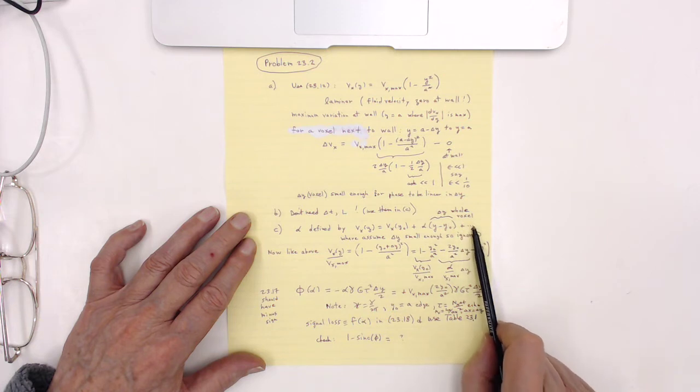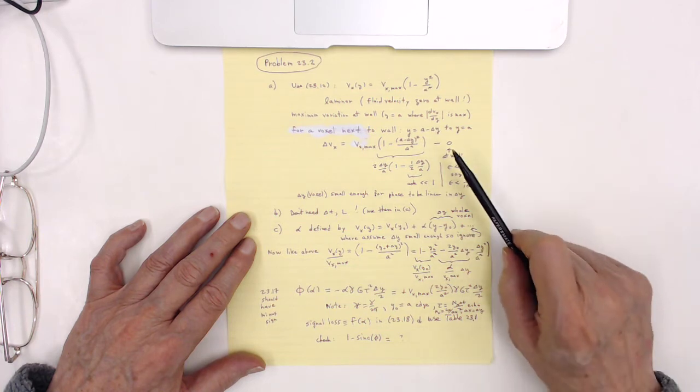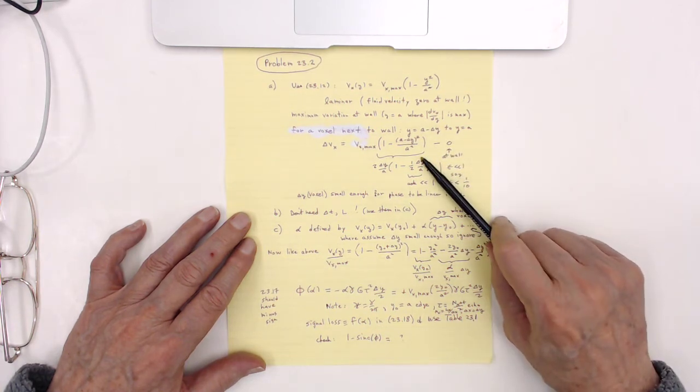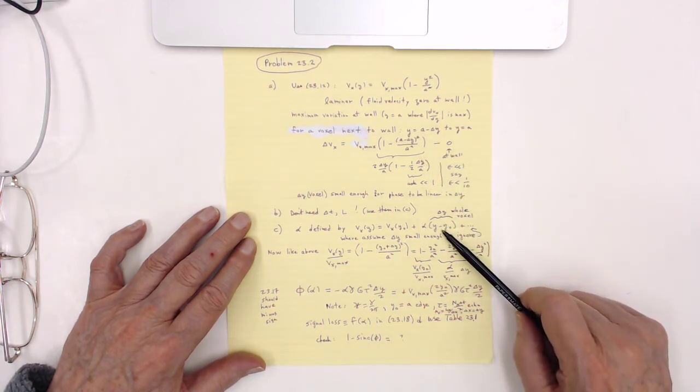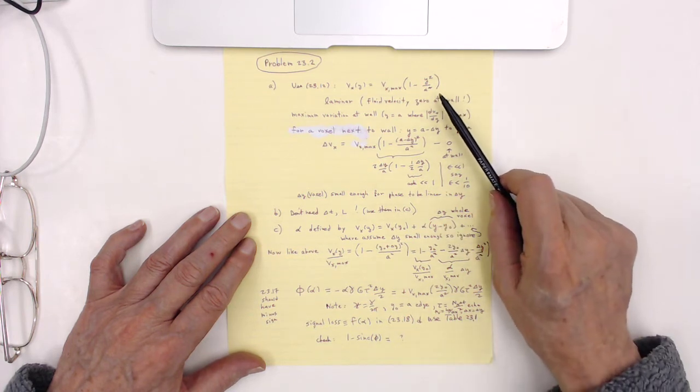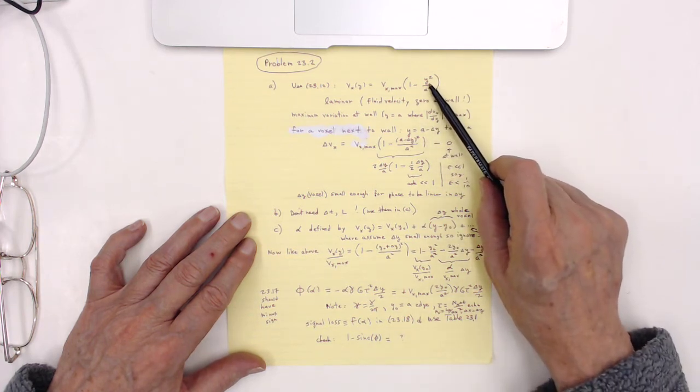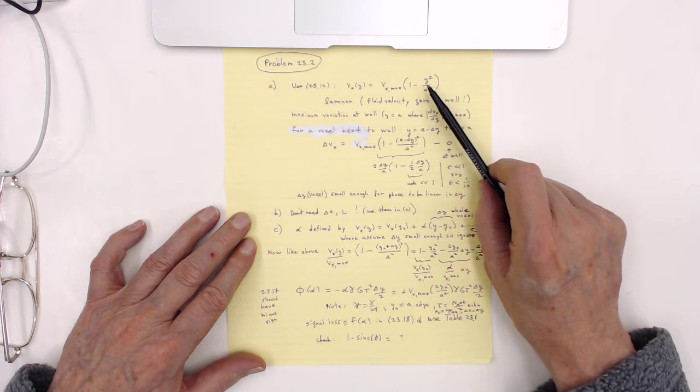The higher order terms, if delta y is small enough, we can ignore them. As a matter of fact, if it satisfies what you got in part A, it's certainly going to satisfy it everywhere else. When y goes to 0 in the center of your vessel flow, well, then it's just a constant.